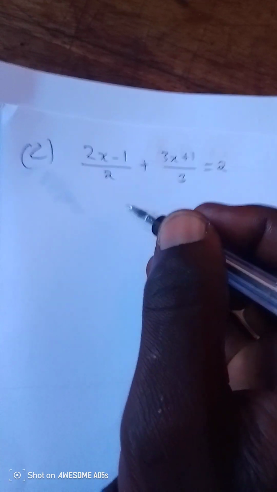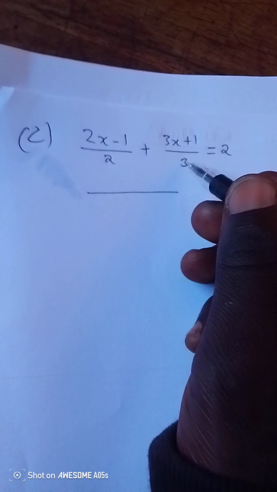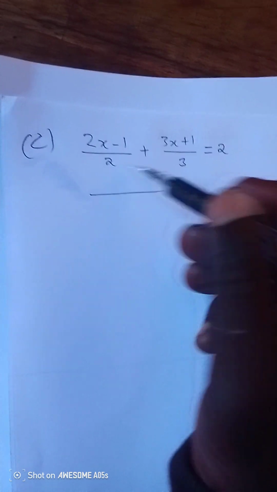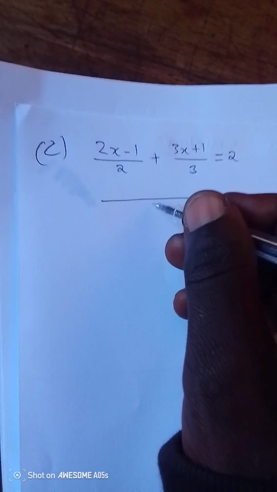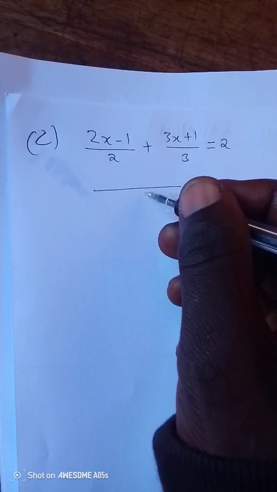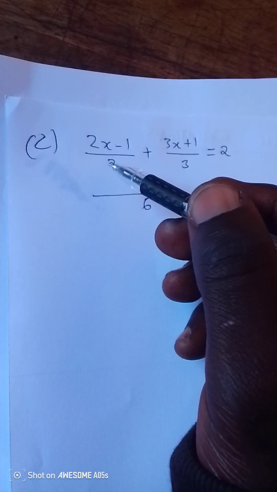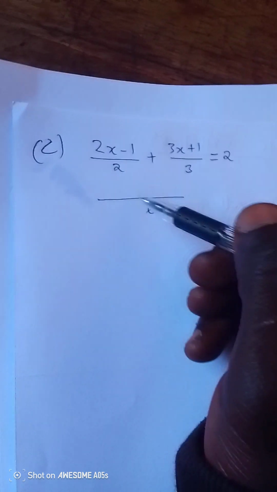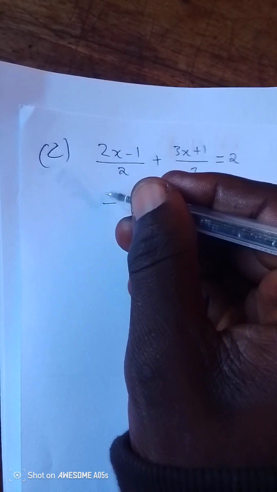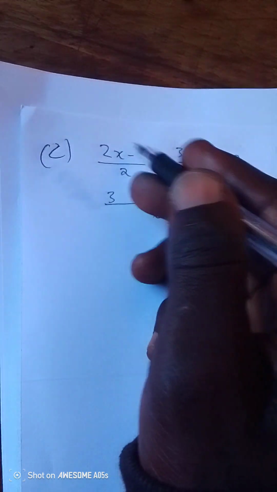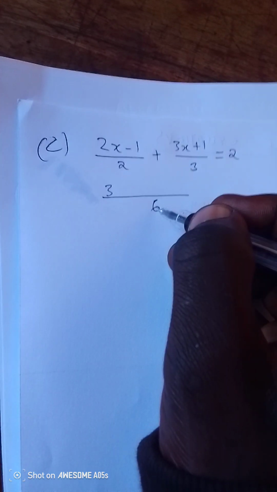So we go by the same method. What's the common denominator for 2 and 3? The lowest common multiple for 2 and 3. We know that 2 and 3 can go into the lowest number, 6. From there, we are going to say, how many times can 2 go into 6? It is 3 times. That 3 should multiply the top number for the same 2 which went into 6.